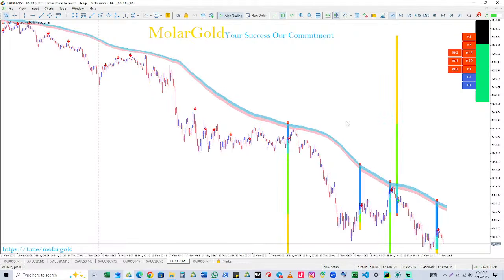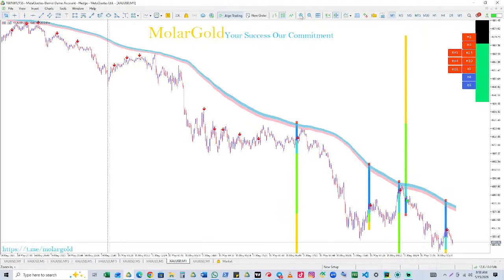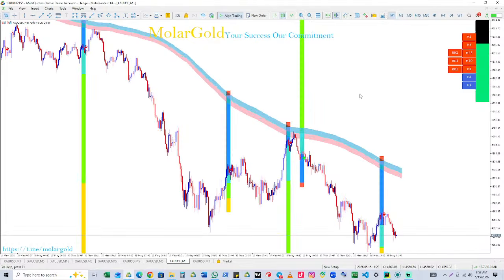Now let's get into one more thing about this. Now I'm going to apply the second strategy. The second strategy is what we call the MolarGold zones, and that is what I've used to call trades for a long time. It's just recently that I started using the sniper, and I have stopped because of the volatility. I explained this severally. When we had a lot of volatility, gold was moving crazily, and even till now the volatility has not died off.